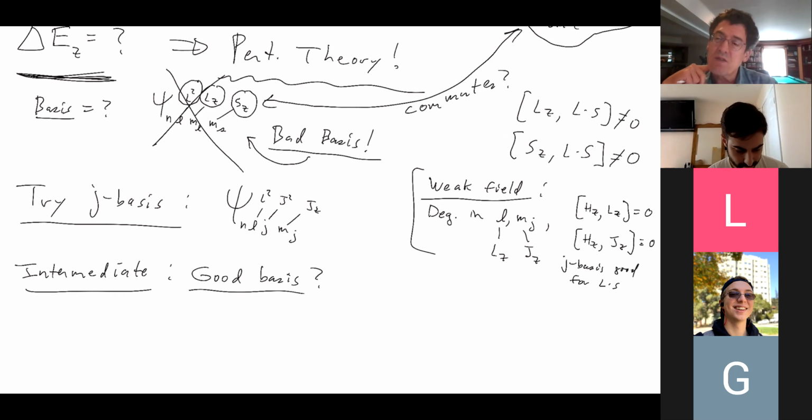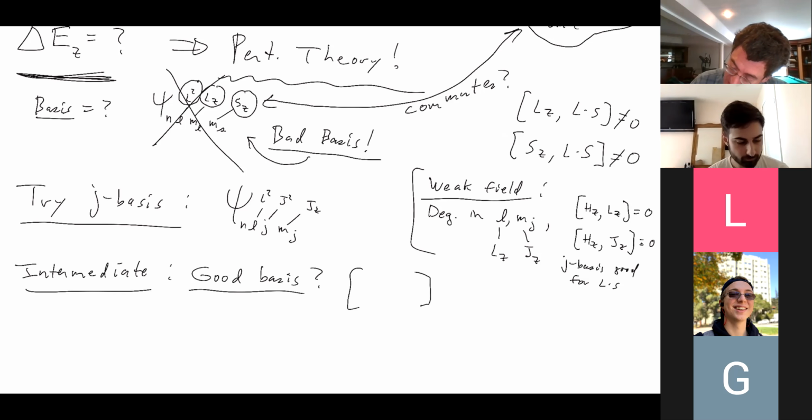So we're okay with the relativistic. But there's one commutator that we have to check that we did not have to check before. And here I'll put the perturbation here.